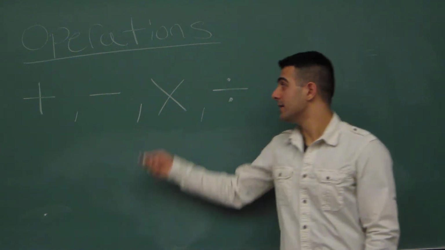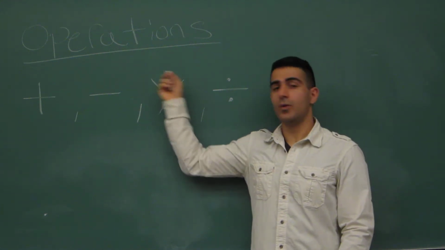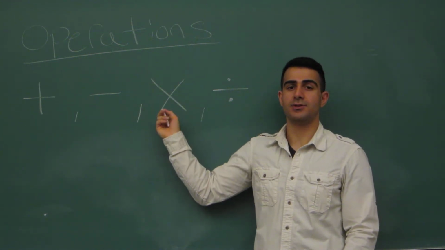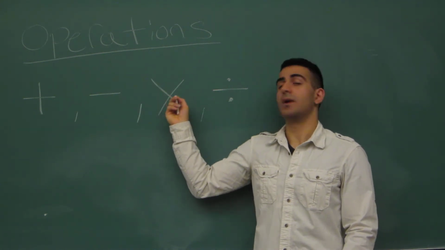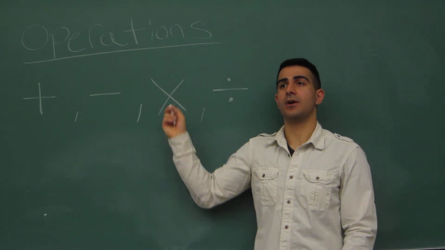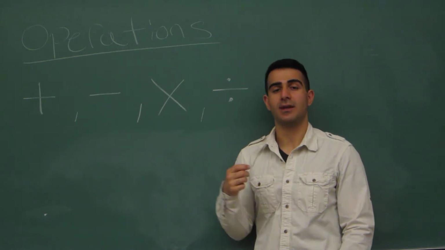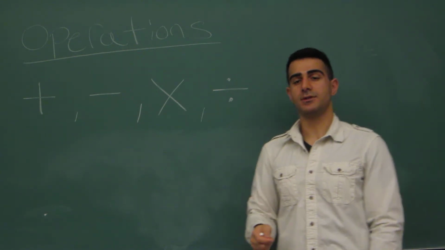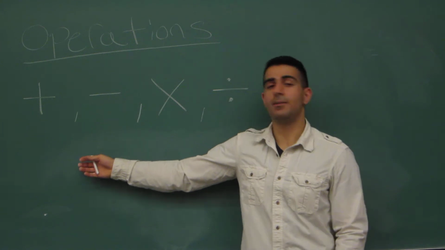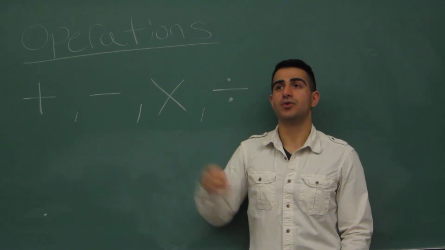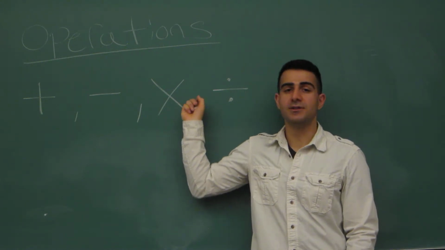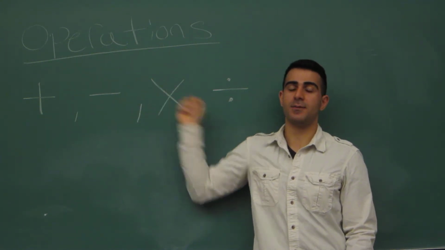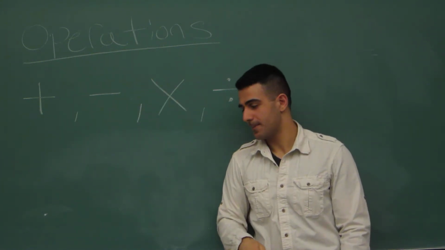Or similarly, you may be told how to multiply numbers, so the operation now is multiplication. So I tell you how to multiply, or I give you the definition of what it means to multiply two numbers, and then I give you some problems and I see if you truly understand what it means to multiply numbers, or if you understand what the operation of multiplication signifies.